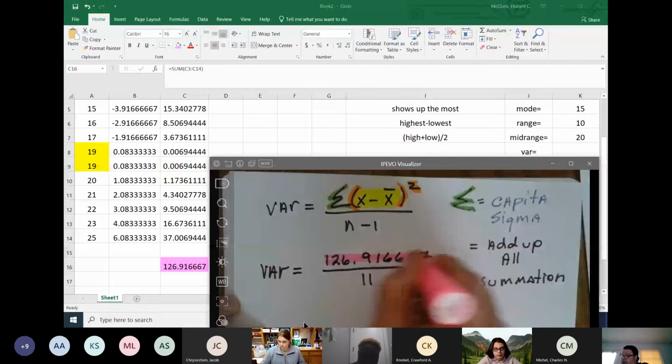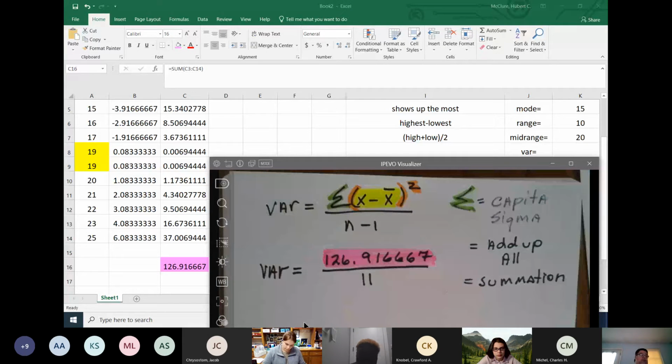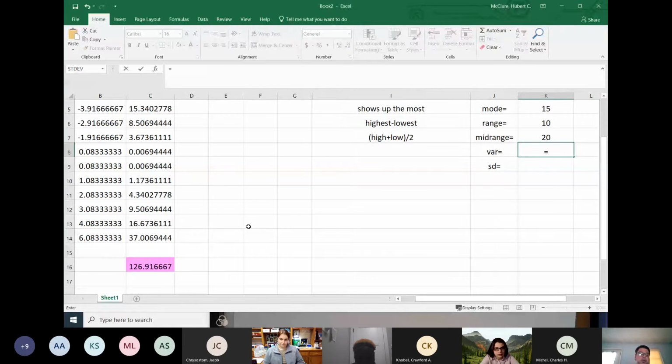Because when you get the summation, you just found the numerator for your variance. And of course, 12 minus 1 is 11. So I'm going to put that over here, and y'all check y'all's numbers with mine. Divided by 11.